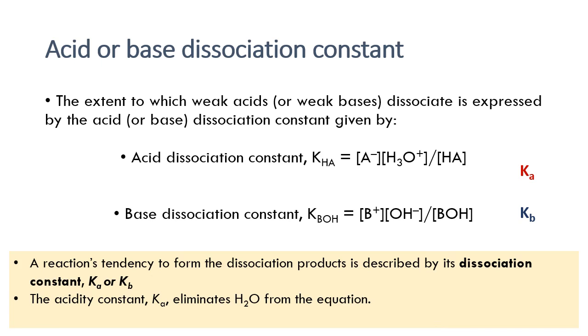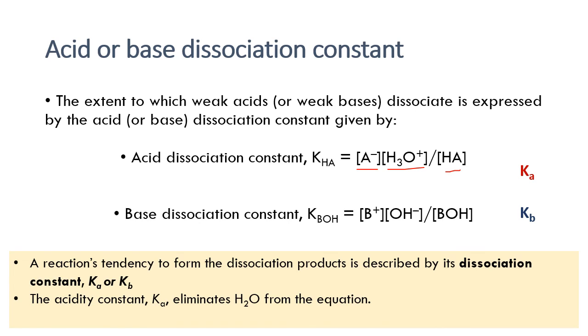So our acid or base dissociation constants describe the extent to which our weak acids or weak bases dissociate. Your acid dissociation constant is related to the products of that dissociation, which would be the conjugate base and the hydronium ions, divided by the concentration of the acid.